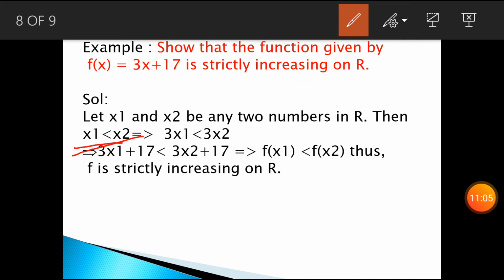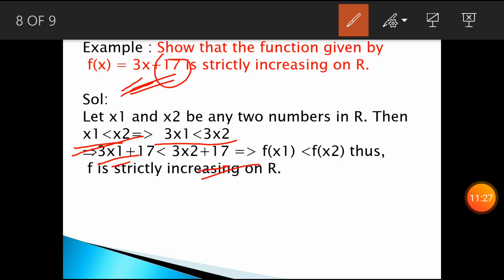If x1 less than x2, this is our condition. So multiply this x1 and x2 with a number that is 3, positive number. So it is not going to affect the relationship order. So 3x1 less than 3x2. Why we are multiplying with 3? Because we want to create this function. Okay. Now what is left? 17. So add 17 both the sides.